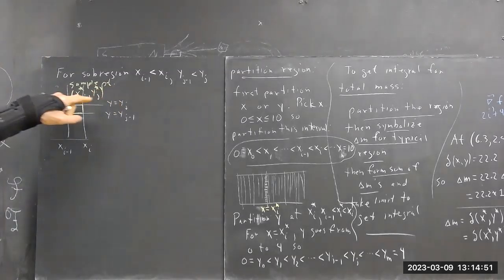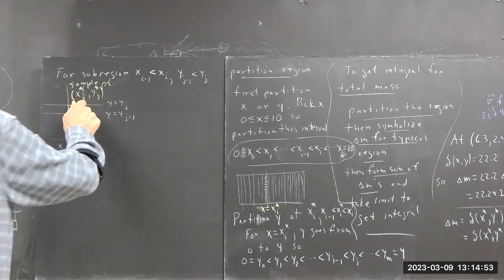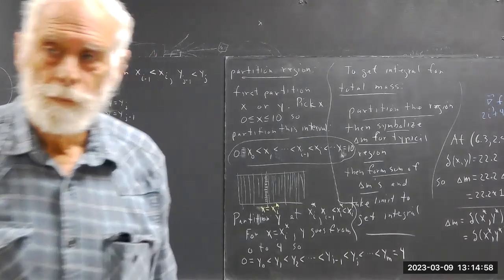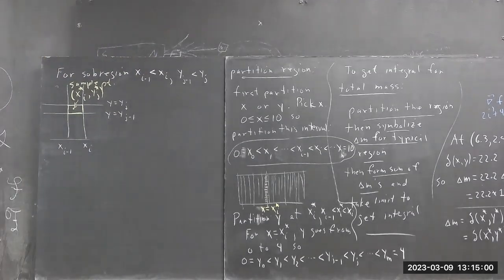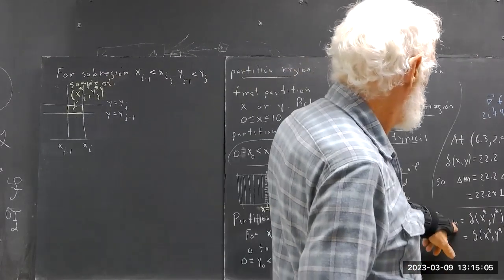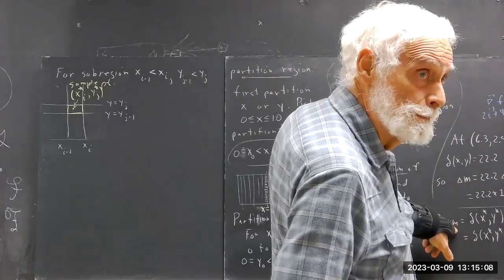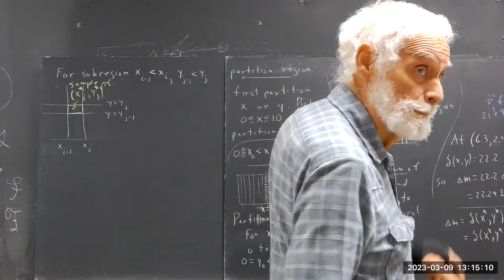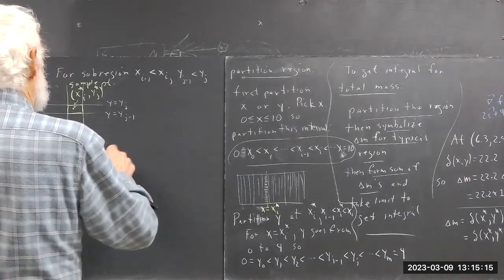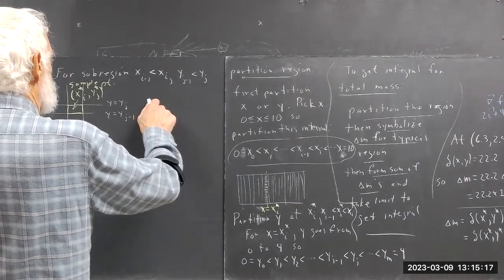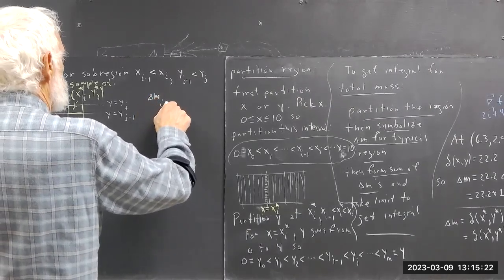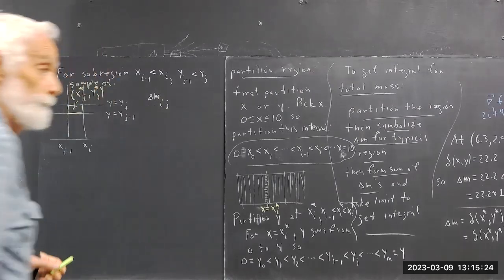My sample point is X I star Y J star. Here. So now what I want you to do is write out the delta M for that region. It's simple. You don't know what the numbers are. It's going to be delta M IJ, two subscripts.